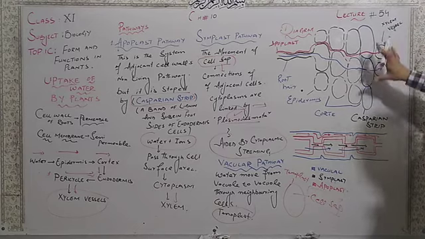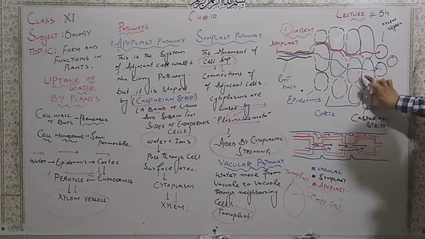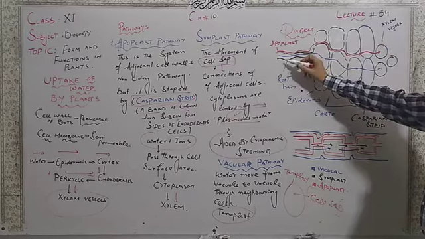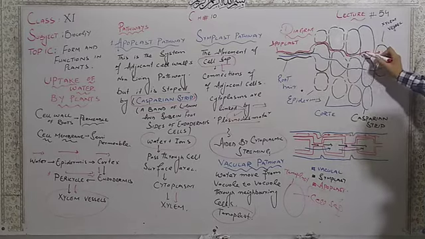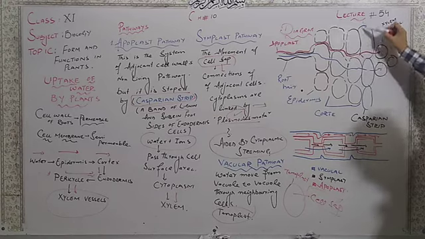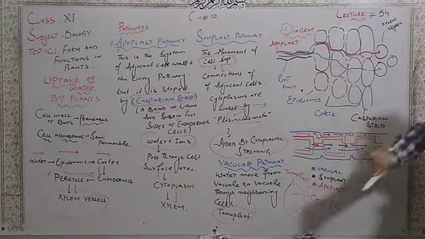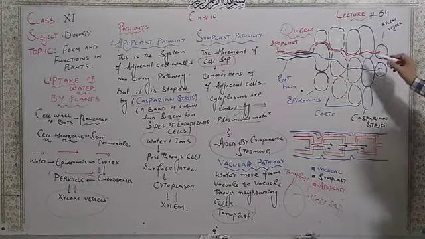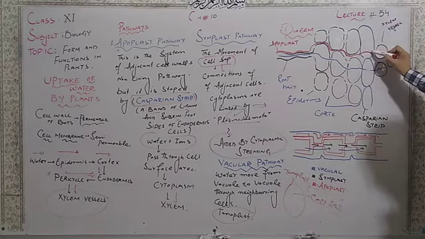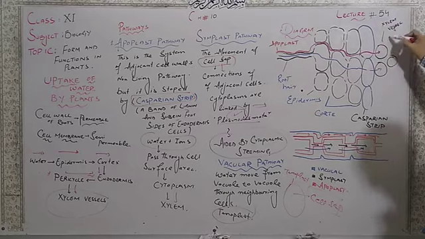In easy language, we can say these are the thick-walled endodermal cells. So the water is not allowed to move further in the intercellular spaces because there are no spaces in the endodermis, so they are blocked. So now what will the water and ions do? They will come to the surface area of the cell, and through the cytoplasm they will reach the xylem vessel.